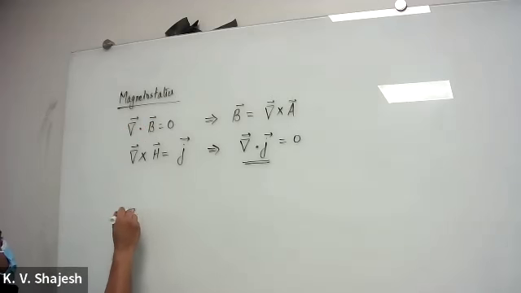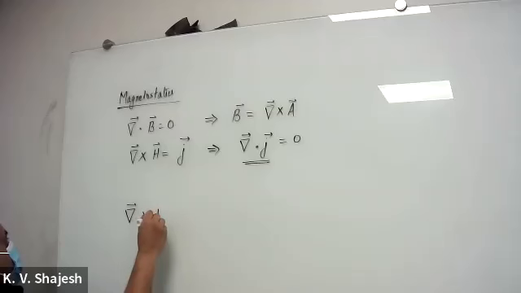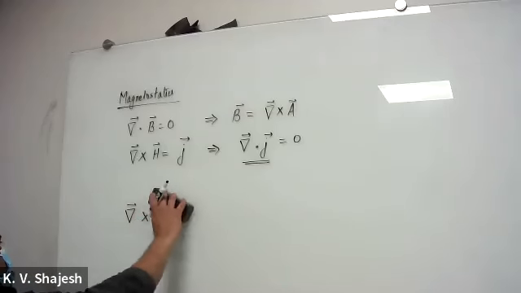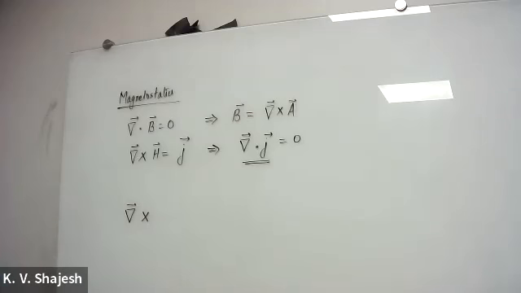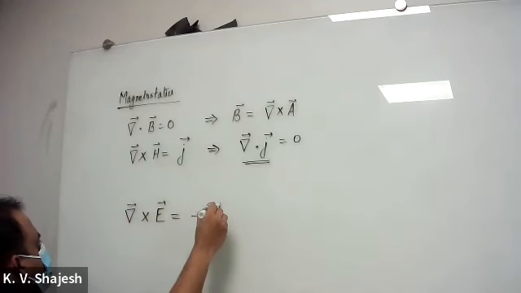So let's consider del cross E. Del cross E is equal to minus dB by dt.